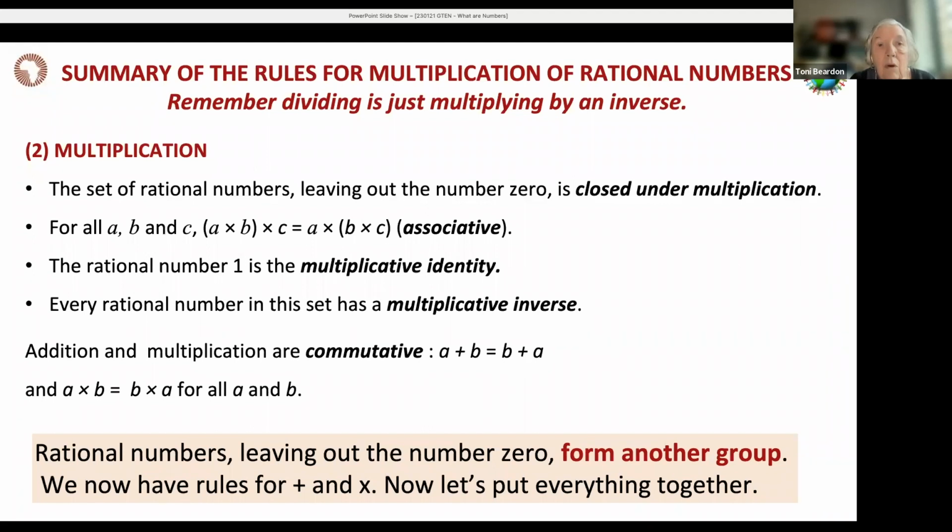For all rational numbers A, B, and C, you've got associativity. A times B first, multiplied by C, is the same as multiplying B by C first and then afterwards multiplying by A. And we've got 1, which is the multiplicative identity, and the numbers come in pairs, which are multiplicative inverses of each other.